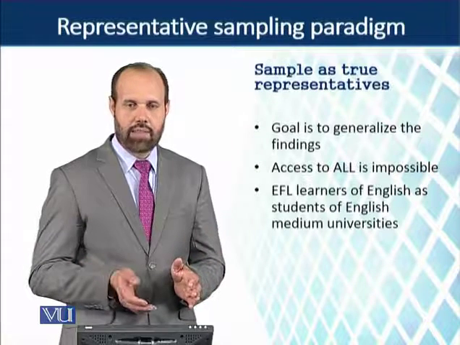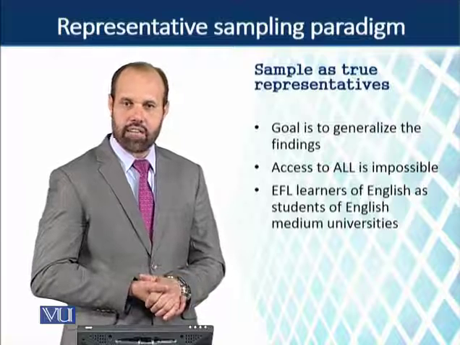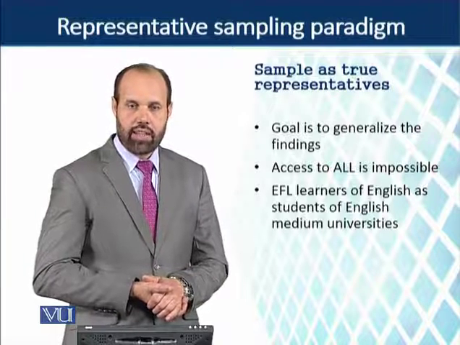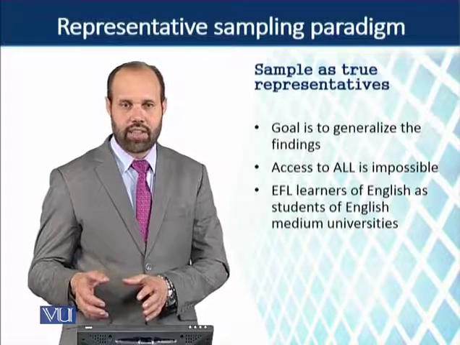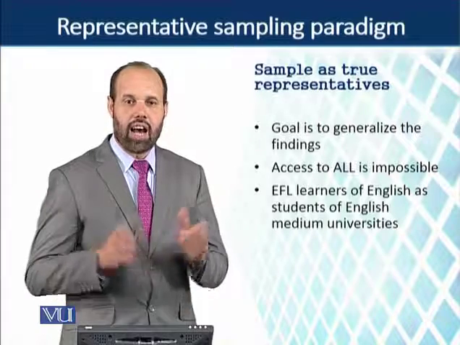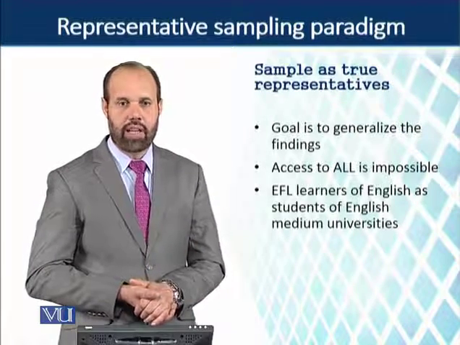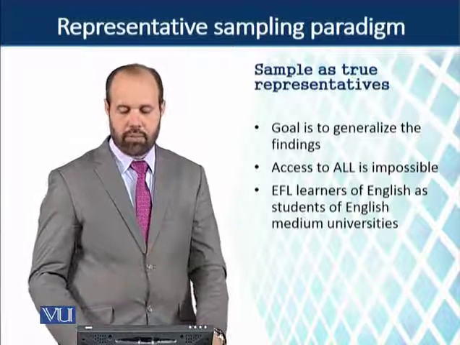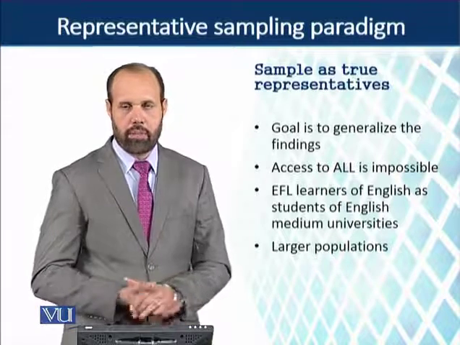This includes everyone who studies English as a foreign language in universities where the medium of instruction is English. So it is a very large-scale study, and anyone may not be able to access all group members.